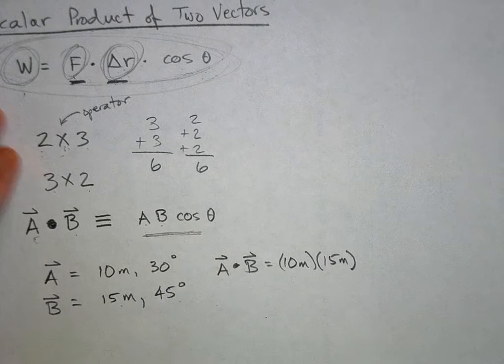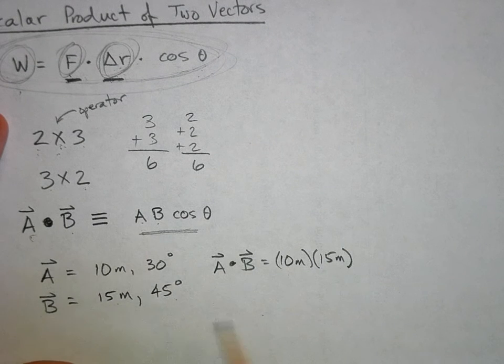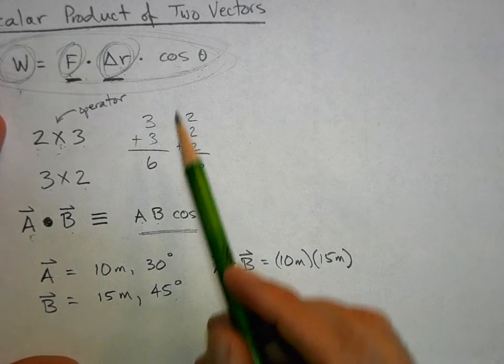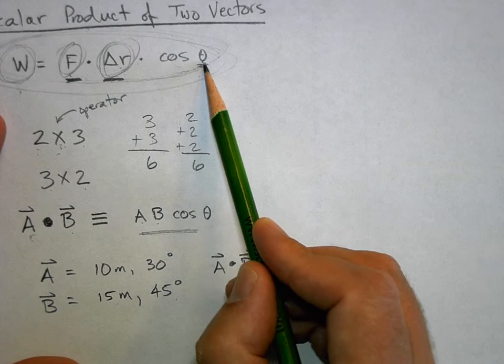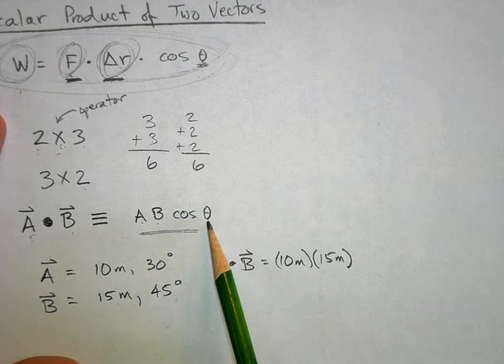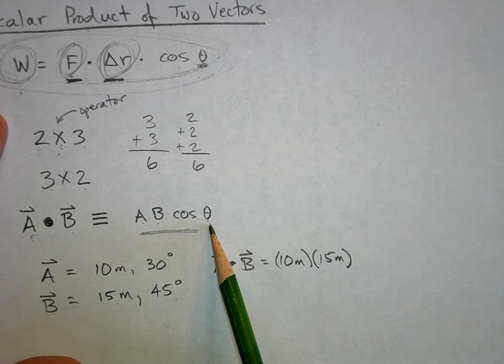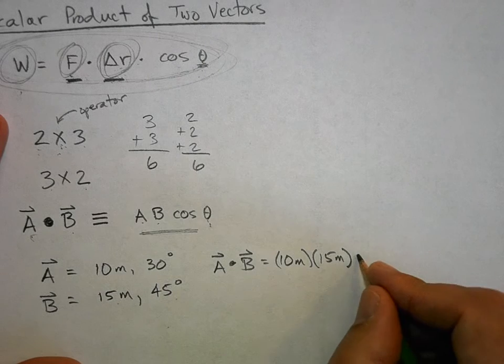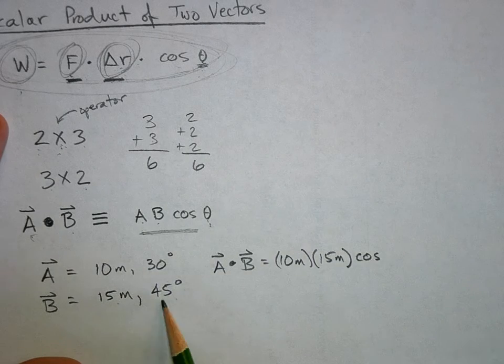Okay, so we're going to get a square of some kind here. But what is the angle between them? Remember, that's what this means right here. It's the angle between these two vectors. Or this theta here means the angle between these two vectors. So that would be the cosine of 15 degrees.